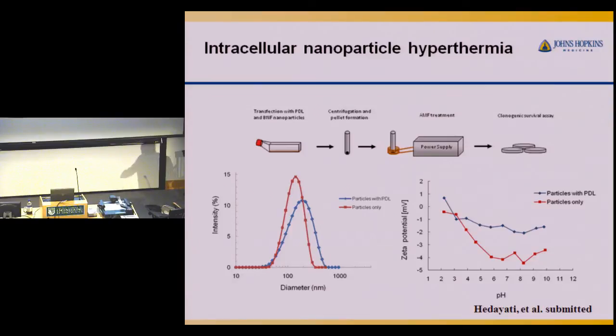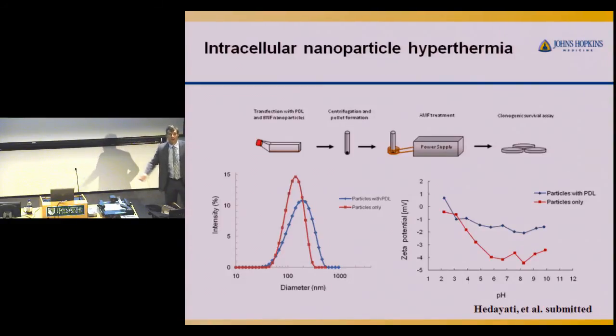cytotoxic. And that actually drove, for about 10 or 20 years, some of the research in this area. And in fact, there is a company in Germany now that is running clinical trials using magnetic nanoparticles that were developed around this sort of strategy. In the late 90s, early 2000s, a few mechanical engineers primarily started to question this notion and said, wait a minute, what about heat transfer and heat transfer dynamics?